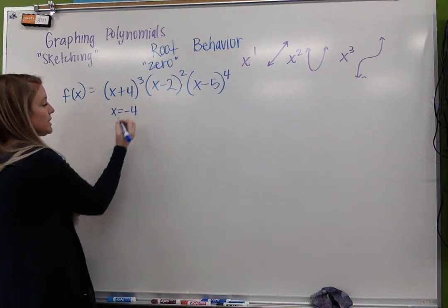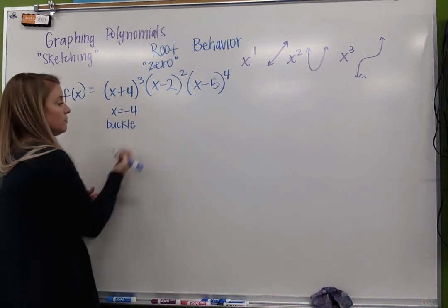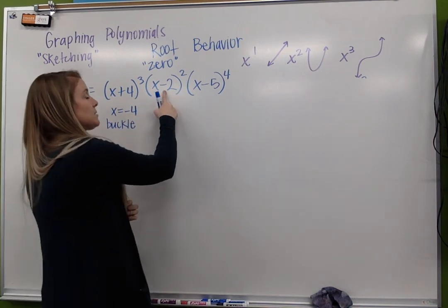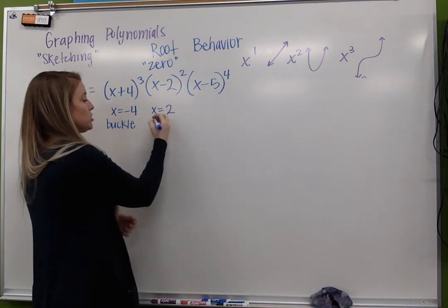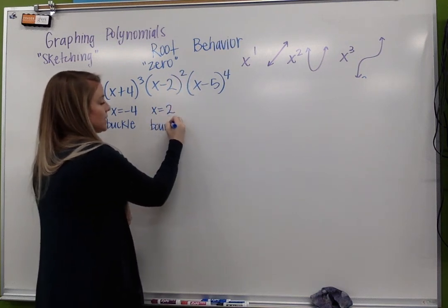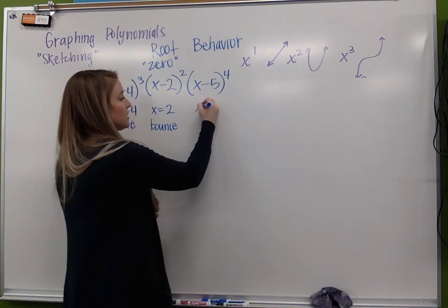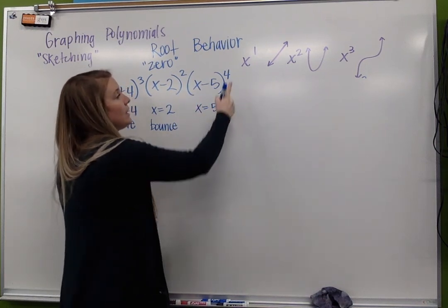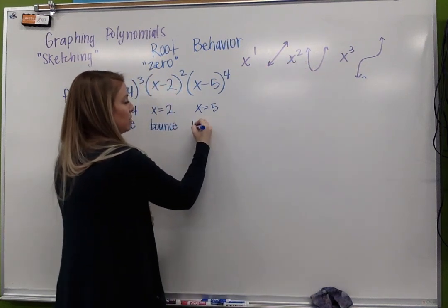And it happens 3 times, so this is going to go ahead and buckle. Here at x minus 2, that gives me a root of 2, and it happens twice, so it's going to bounce. And here at x minus 5, that's going to give me an x equals 5. It happens 4 times, which is even, so it's going to bounce like a quadratic.